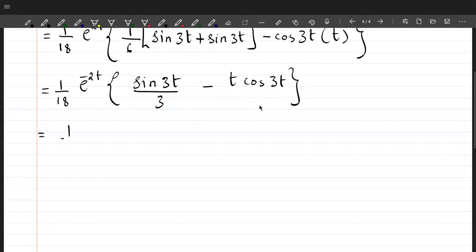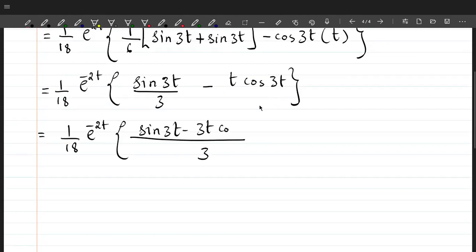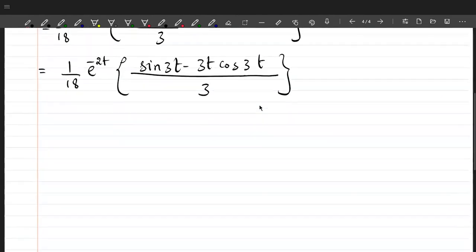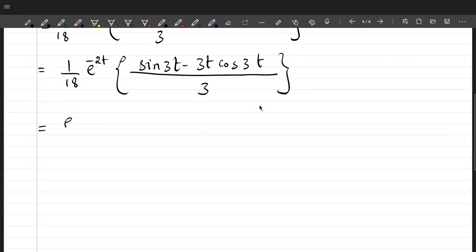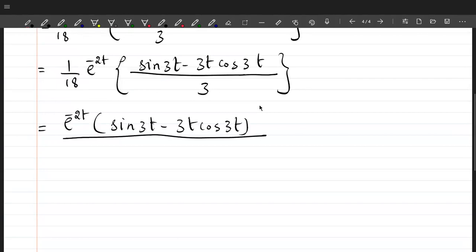So I get 1 by 18 into e power minus 2t, 3 in the denominator here. I get sin 3t minus 3t cos 3t. So that's nothing but e power minus 2t into sin 3t minus 3t cos 3t divided by 18 into 3, that is 54.